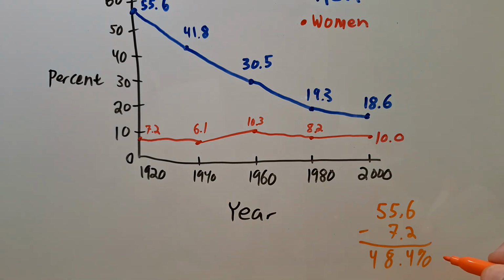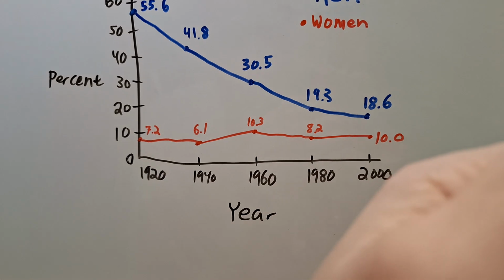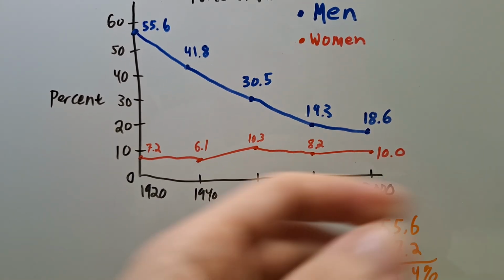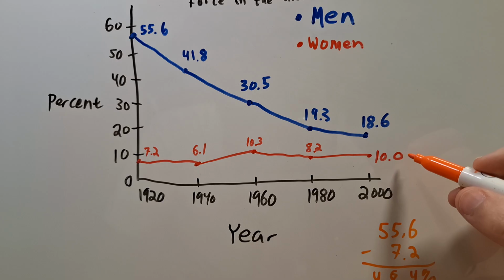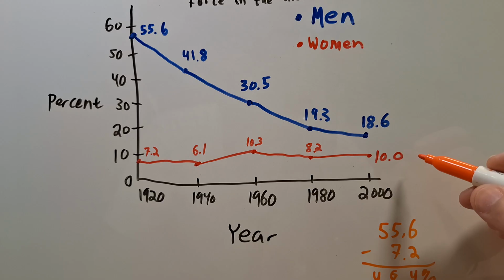Another question we could be asked could say, what would be the overall trend in the percent of women? We'll work with the women trend here. What was the overall trend in the percent of women over 65 in the labor force for the years shown in this graph?